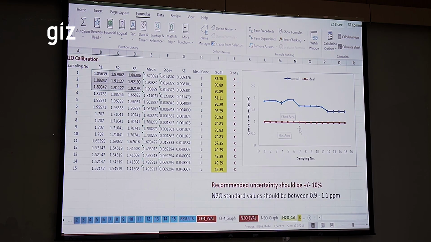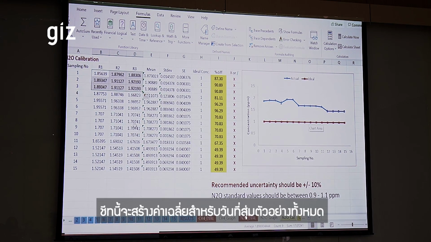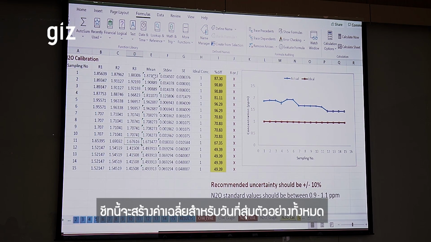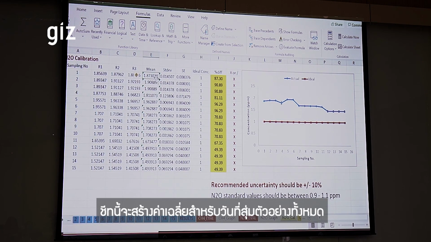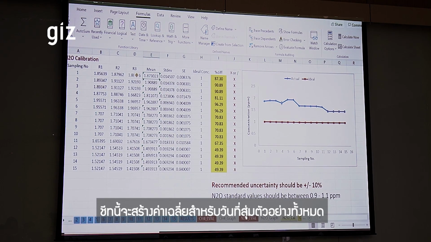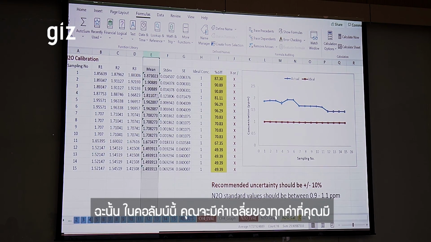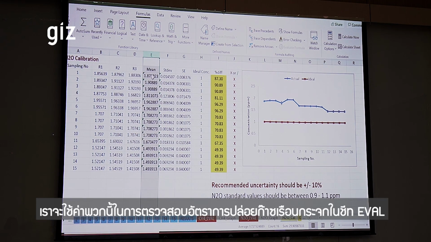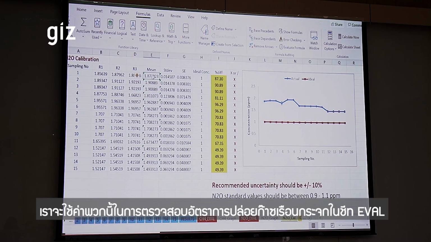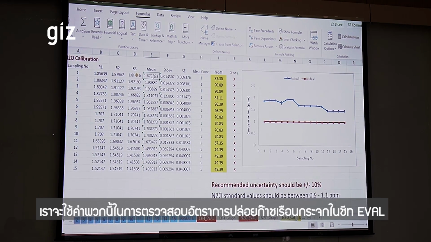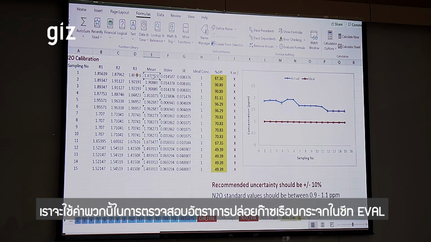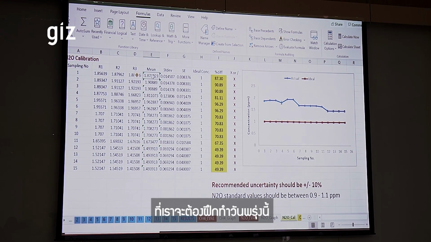So what this sheet does here is it makes the mean of this value for all the sampling days. So you will have here, this column is the mean of these values, and we will use this value here to correct the emission rates in the evaluation sheet, which will be due tomorrow.